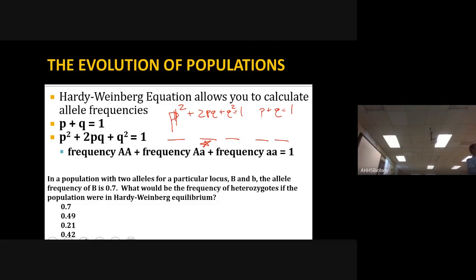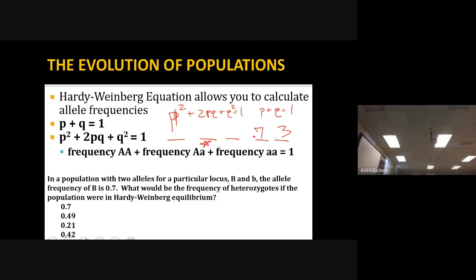Well, I'm given the frequency of capital B is 0.7. Where can I put 0.7 on this? As P. 0.7, right there. From there, I can figure out everything else. What's Q? 0.3.